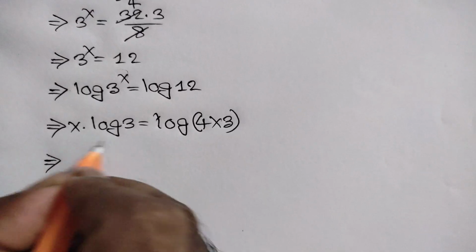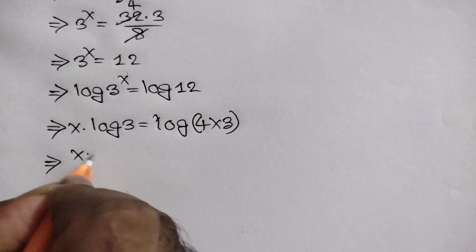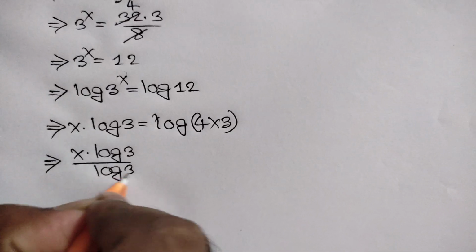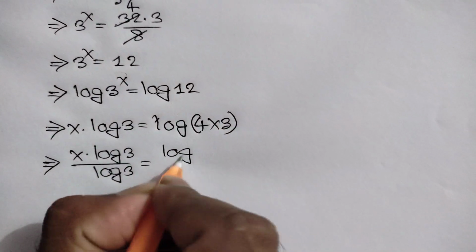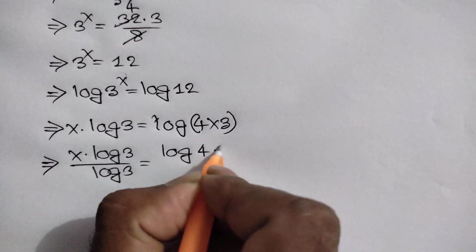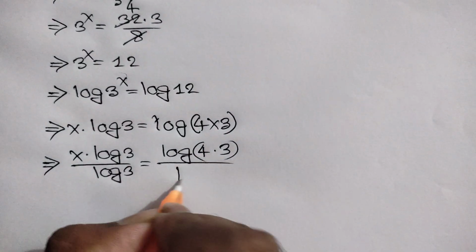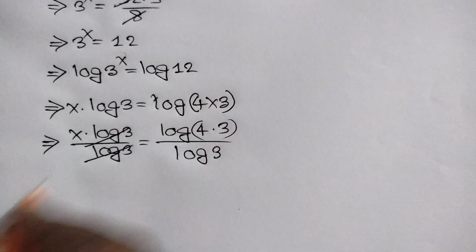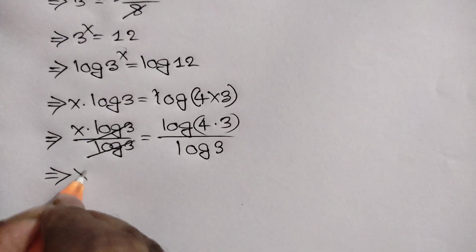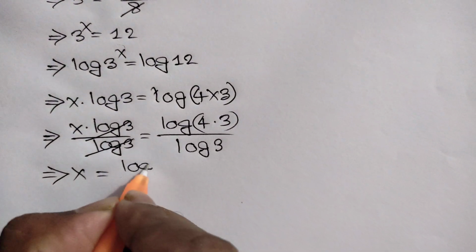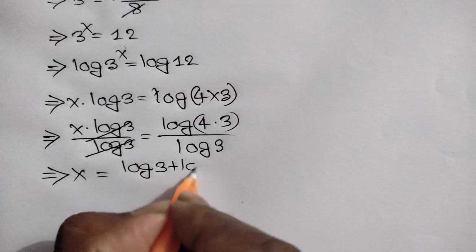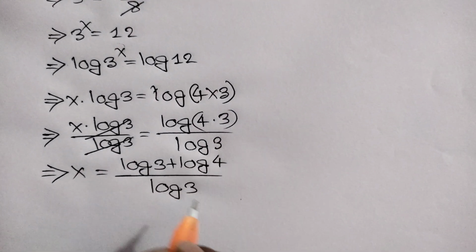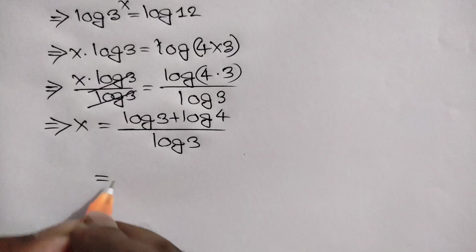Now dividing both sides by log of 3, we can write here x times log of 3 over log of 3 is equal to log of 4 times 3 over log of 3. Now this log of 3 cancels out this log of 3, so here we will get x is equal to, now we can write here, log of 3 plus log of 4 all over log of 3.